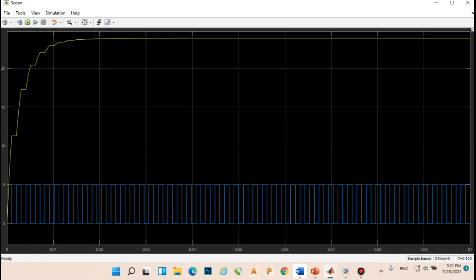It just changes the rising time. You can see it changes the rise time to about 20 milliseconds. It changes the rising time, not the output level.